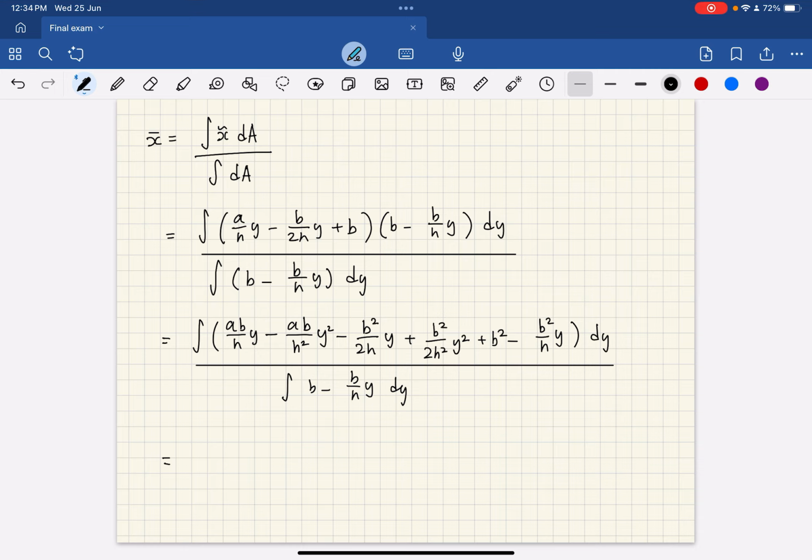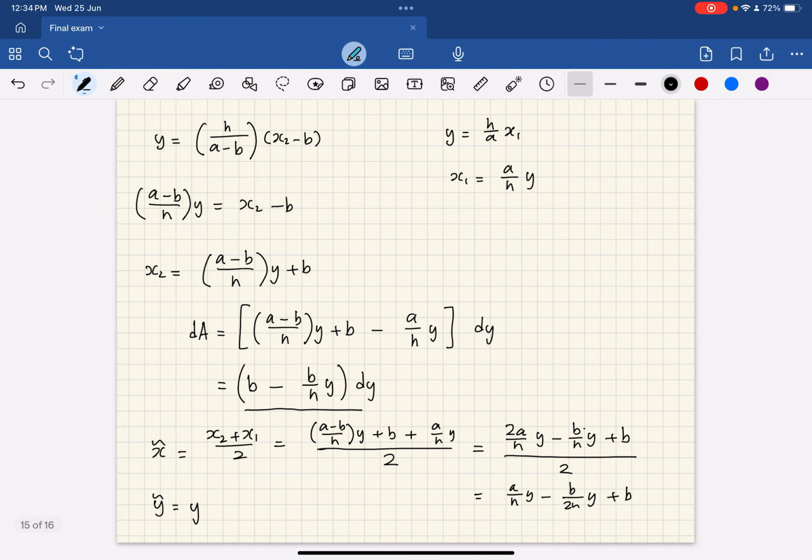A times negative b h squared y squared, negative b squared over 2hy, plus b squared over 2h squared y squared, plus b squared. Okay, all right, so I think so far it's okay. So far we shouldn't be having any issues, I think. Okay, so we can proceed with the integration.